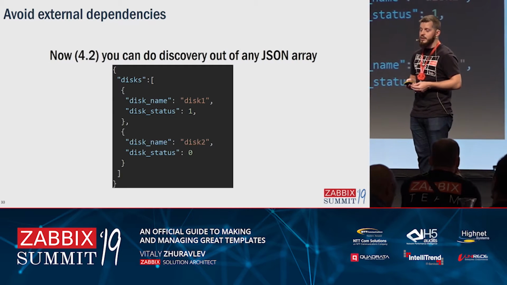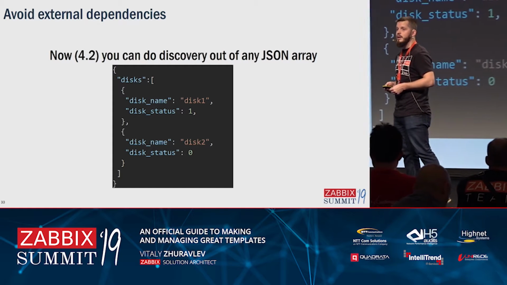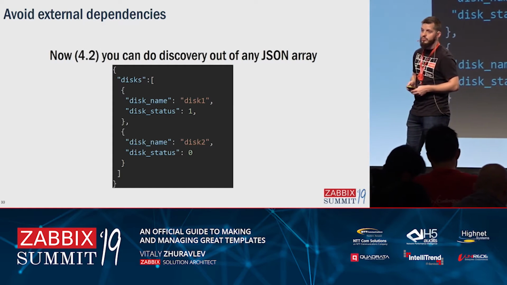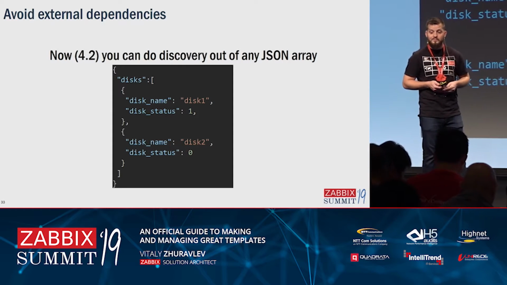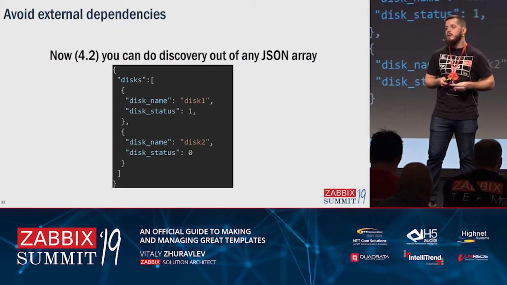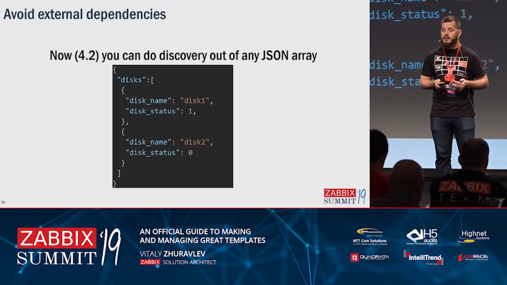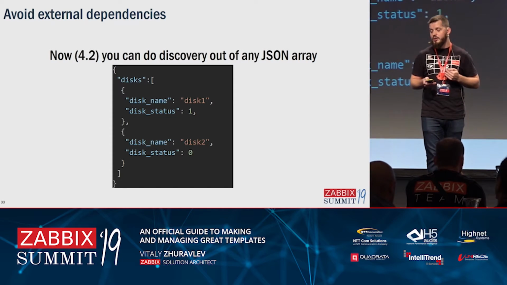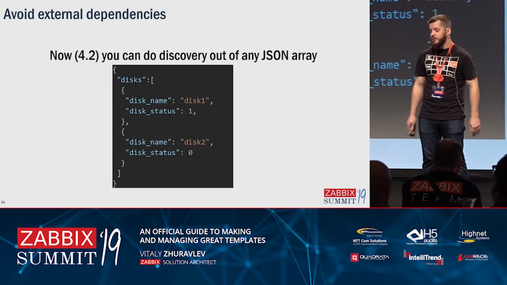Well, that's not really the case anymore, because any JSON array can be used to do the discovery. For instance, a very simple JSON like that you could get from the system, the resource directly, could be like that. And as you can see, there are no LLD macros here, just some attributes.